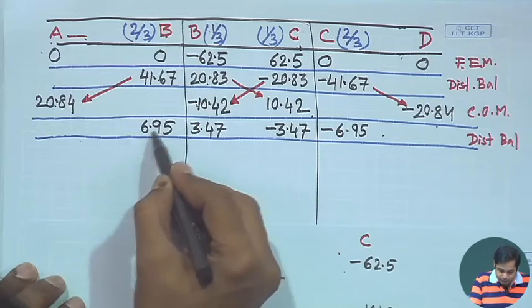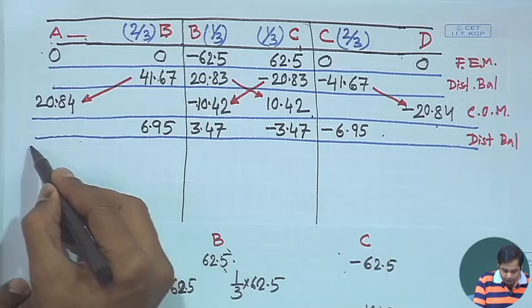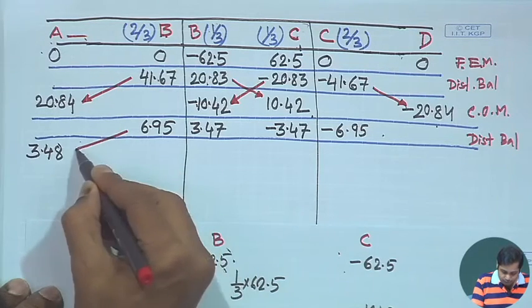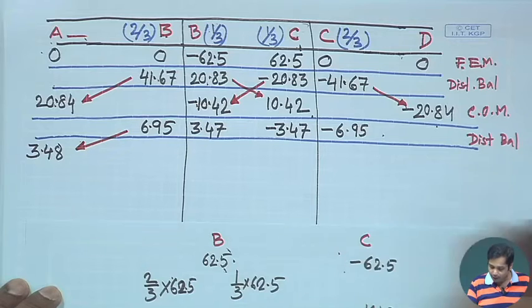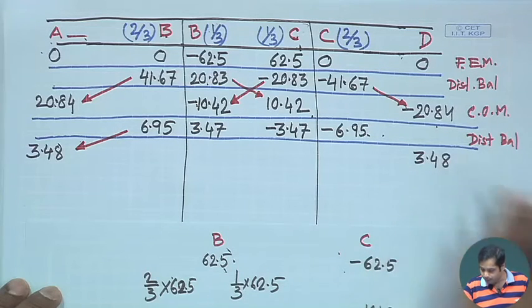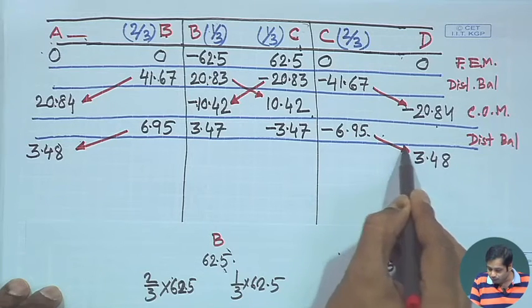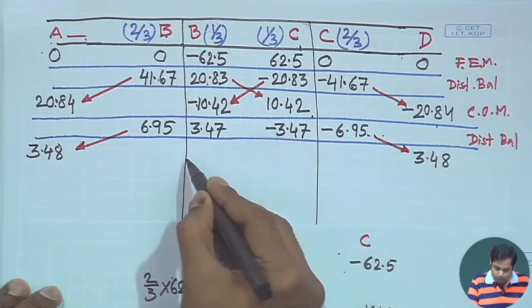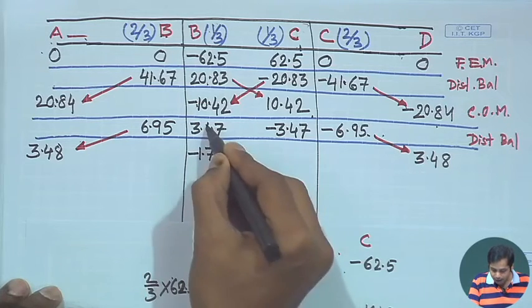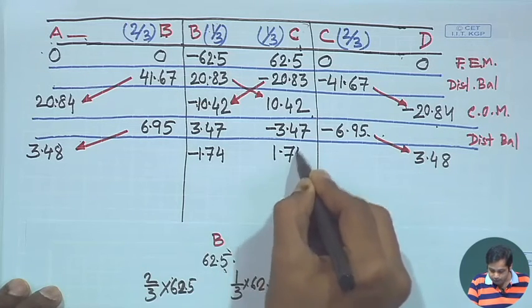So half of this will go here, so this becomes 3.48. Similarly half of this will go here, and this becomes 3.48. This is again a carried over moment, and half will go here, and this becomes minus 1.74, and half will go here, 1.74.